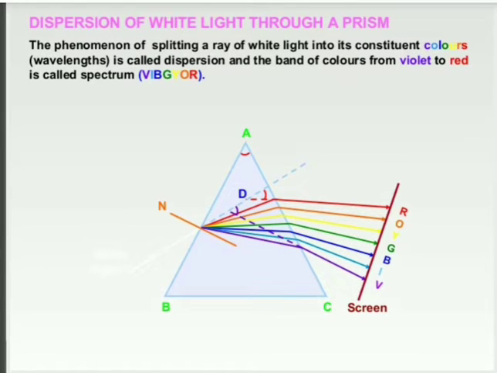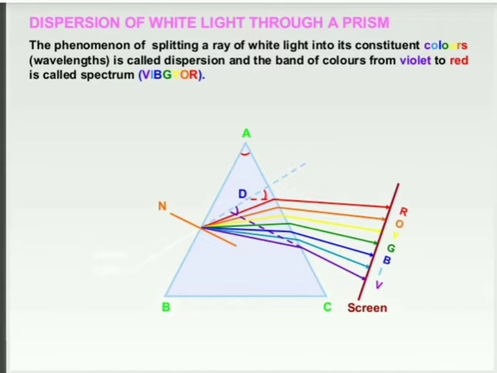So dispersion is the phenomenon of splitting a ray of white light into its constituent colors or wavelengths. Okay, so the dispersion phenomenon is clear to you, I think. Splitting up of white light when it passes through a prism is called dispersion.